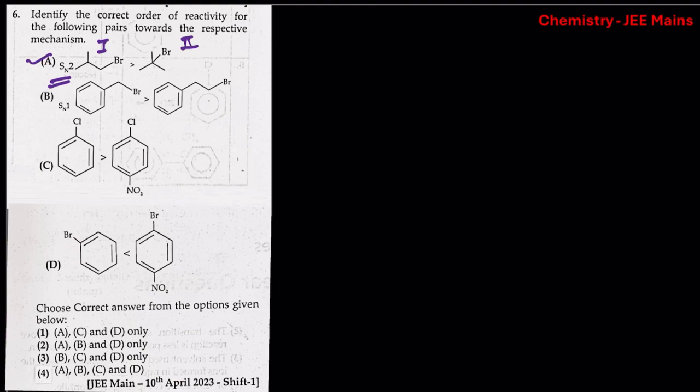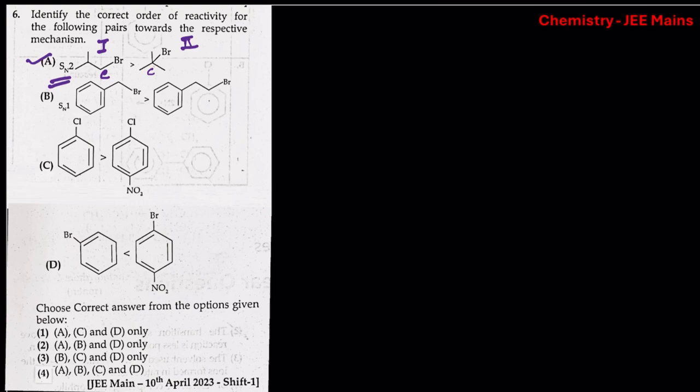Now if we see alkyl halide number 1, the carbon which is bonded to the halogen atom is a primary carbon atom, and in alkyl halide 2 the carbon bonded to the halogen atom is a tertiary carbon atom. Now primary alkyl halide undergoes nucleophilic substitution by the SN2 mechanism more readily than tertiary.